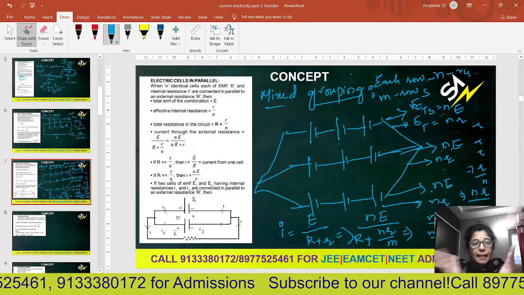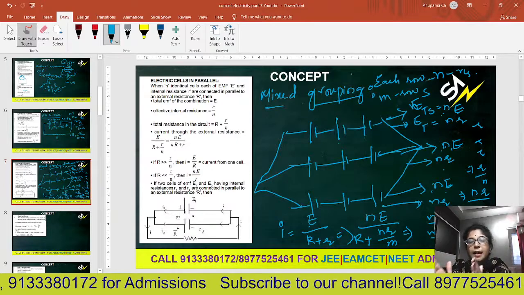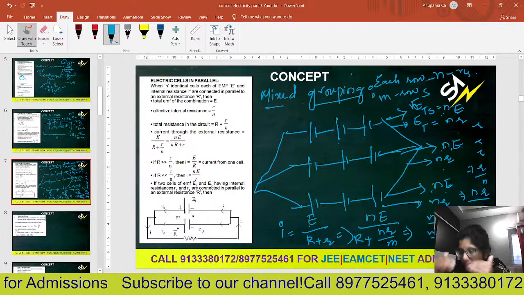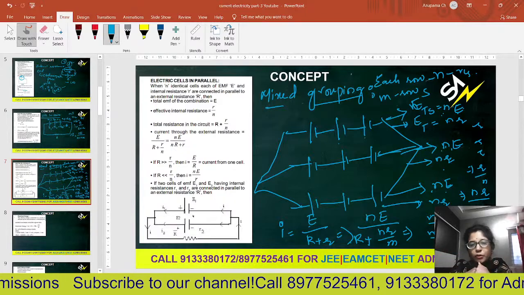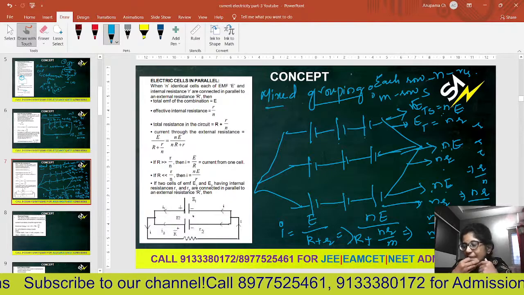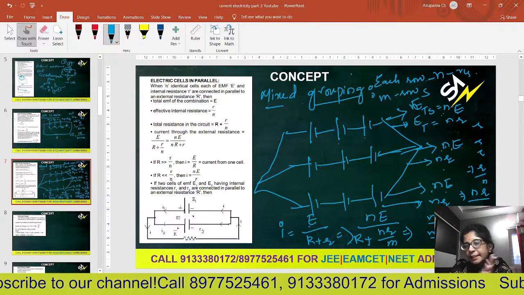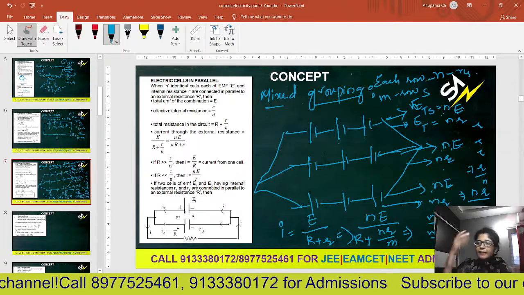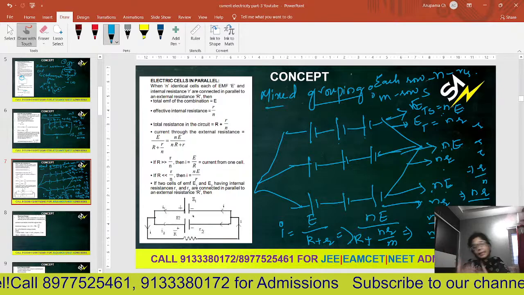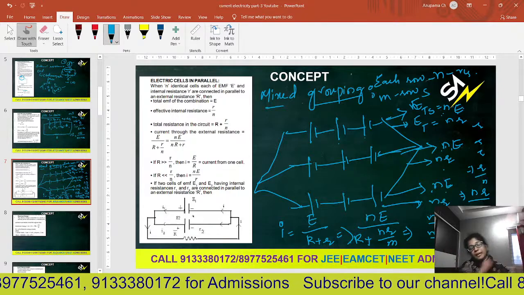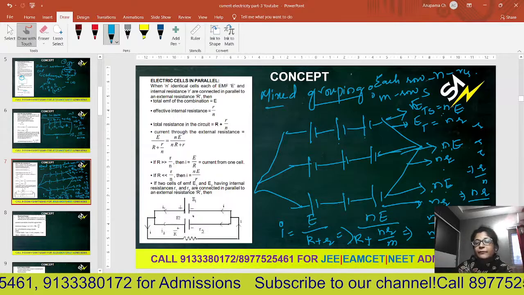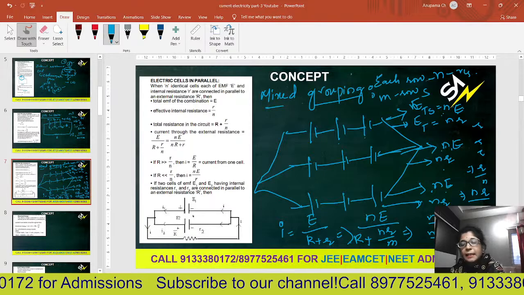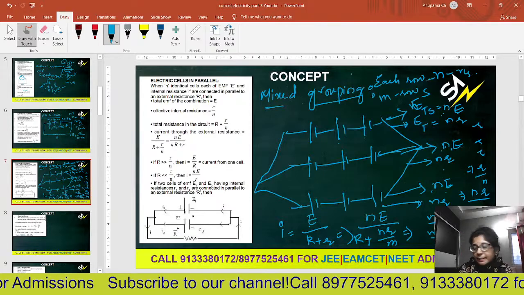That means n number of batteries are in series, and m number of such groups are parallel to each other. In this way, I have taken the total resistance which are in series, and then I have made it parallel, connected it parallel to the m other groups, and then finally I got internal resistance in the mixed grouping as NME by MR plus NR.